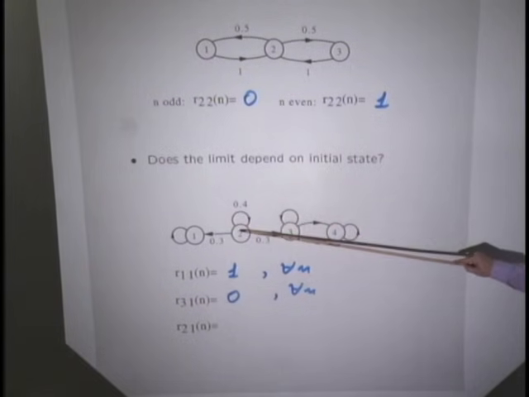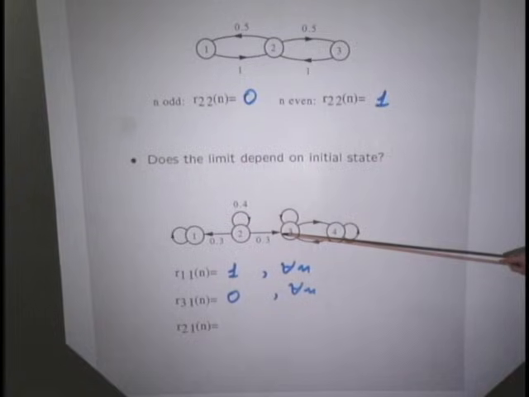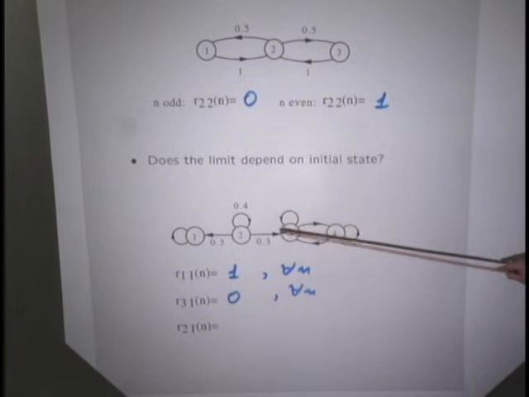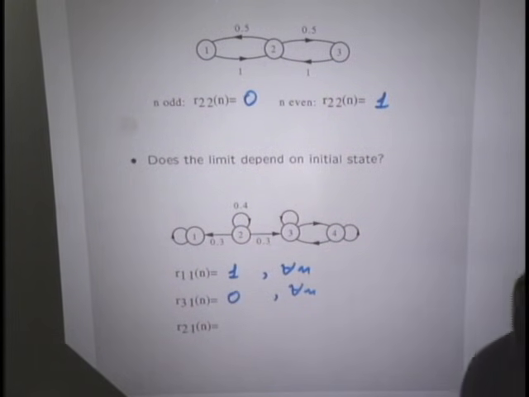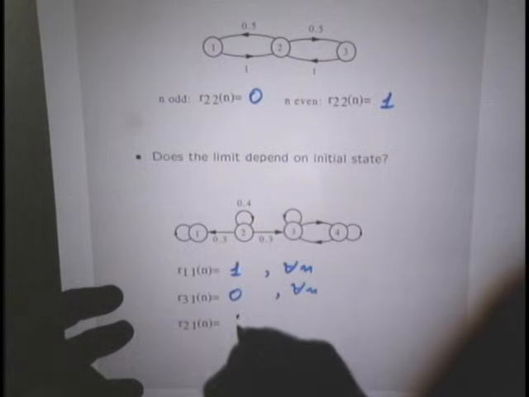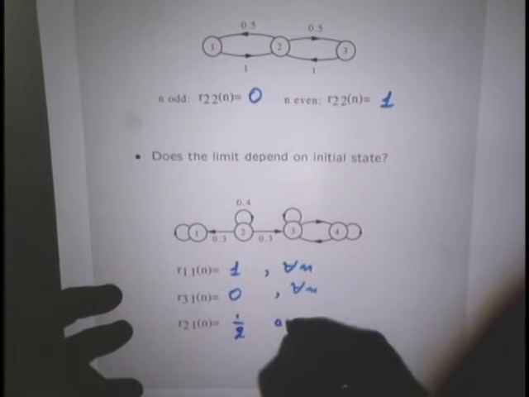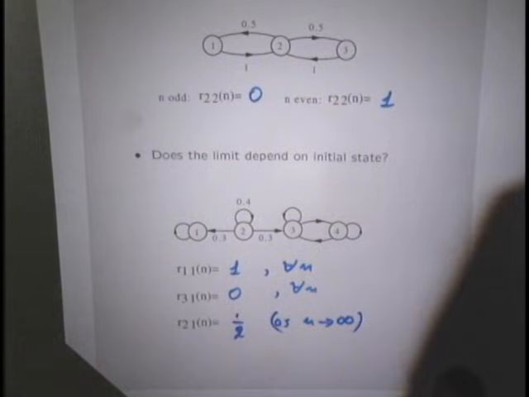Because of the symmetry, you are as likely to escape from state 2 in this direction or in that direction. So there's probability 1/2 that the transition happens in that direction. So for large n, you're certain that the transition does happen.